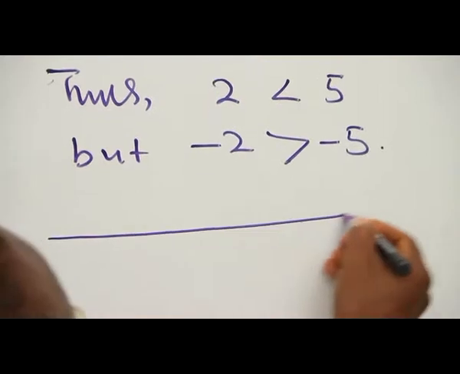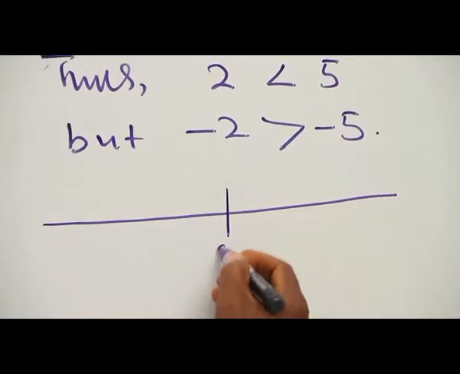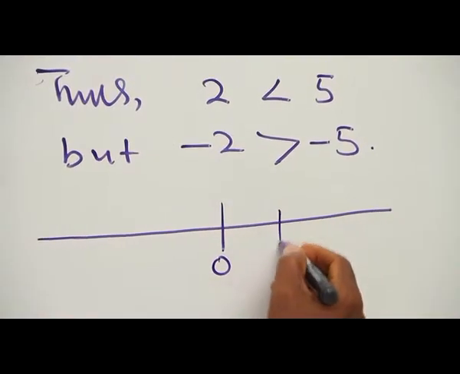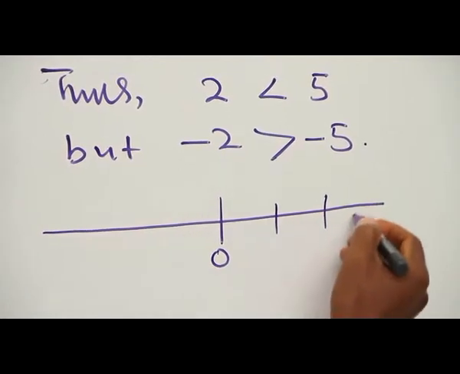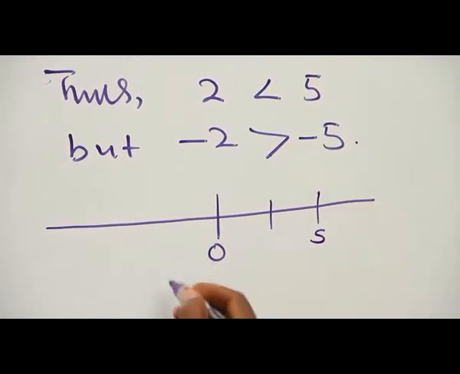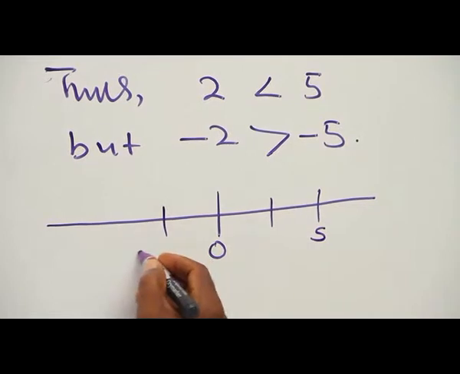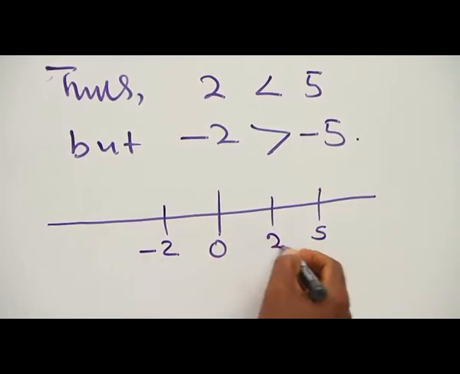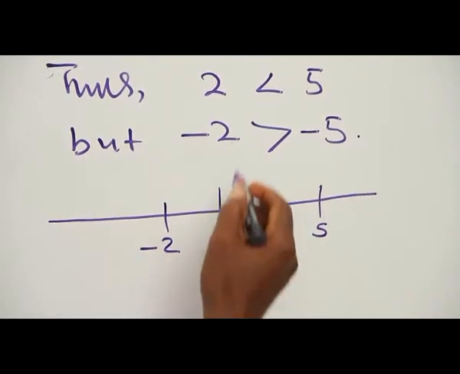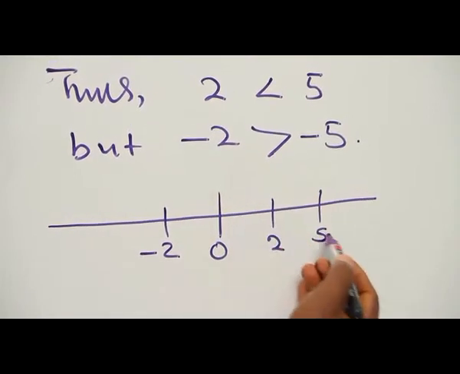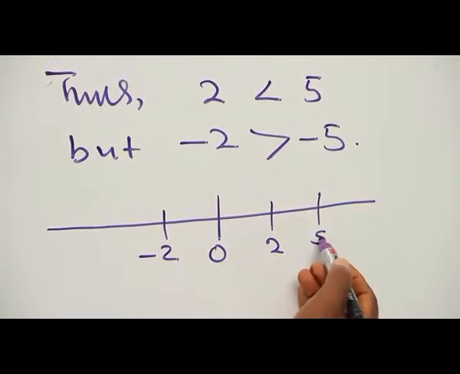Remember, this is a number line, this is 0, maybe this is a point, and we're talking about 5 here, so to say. We have minus 2 here, let's say we have 2 here. The first one, 2, obviously is less than 5.